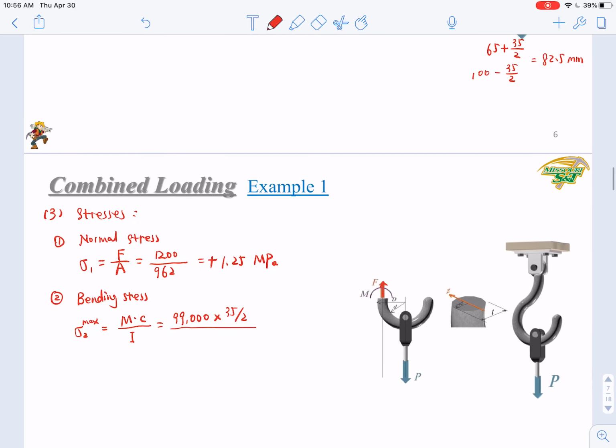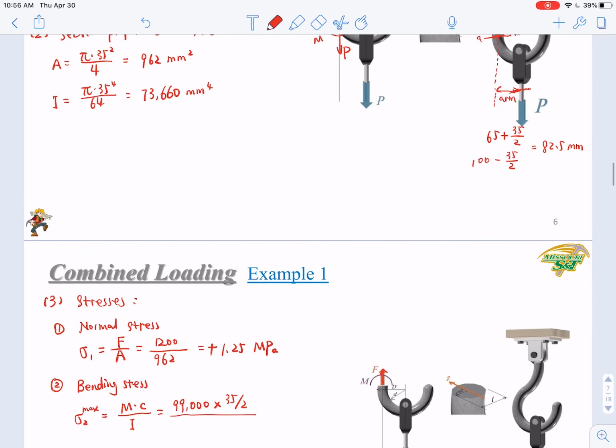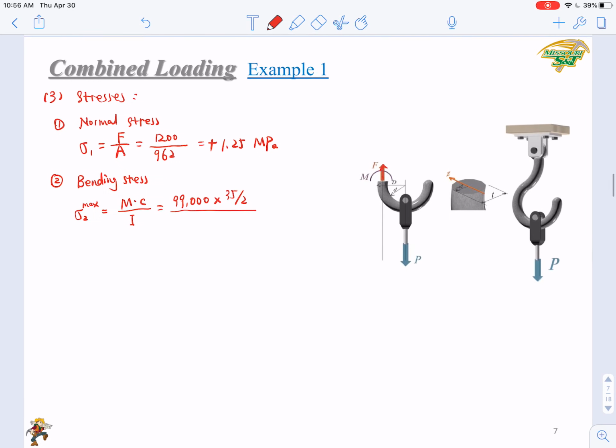Over I, and the I is 73,660. Okay, so here you will get 23.5 MPa.